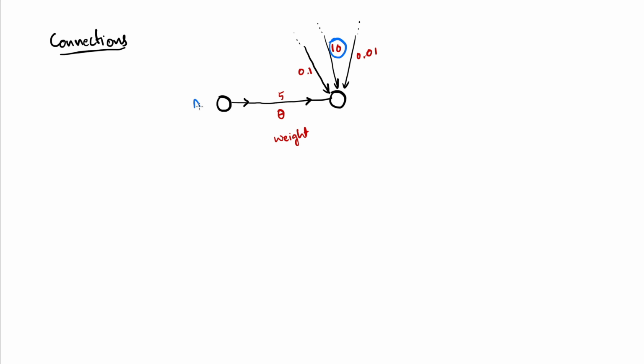Let us say this is from neuron A, this is from neuron B, and this is from neuron C. The weightage given to the output of neuron C is more compared to all the other inputs. These weights are adjusted during training, and this is how the neural network learns.